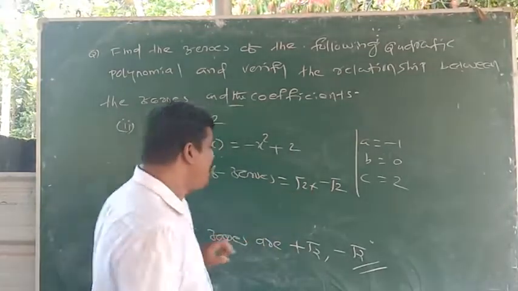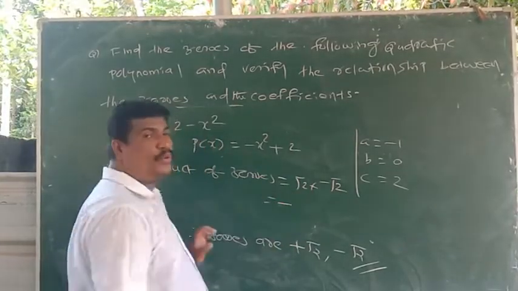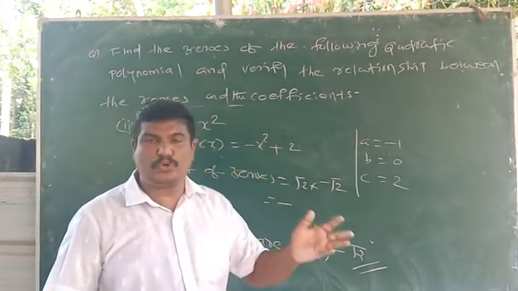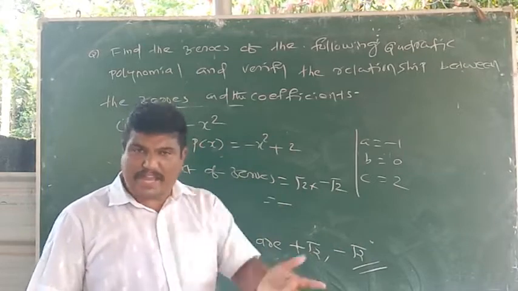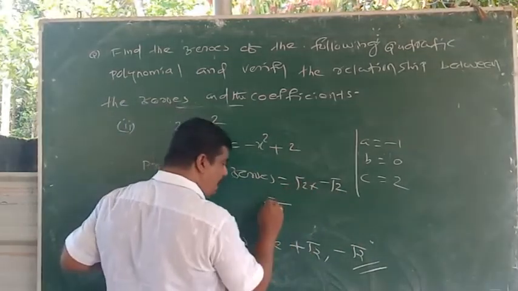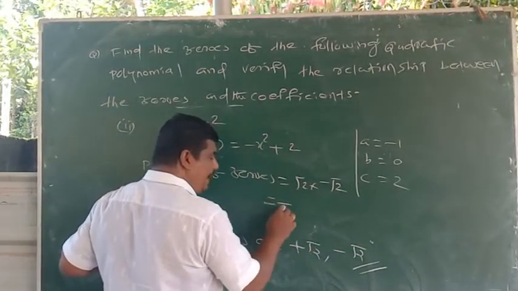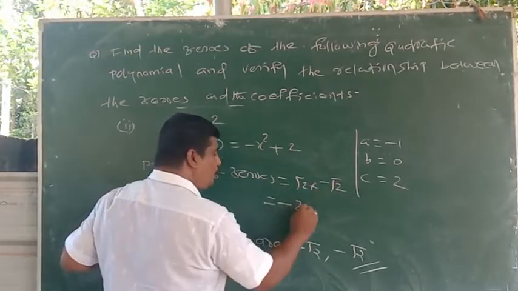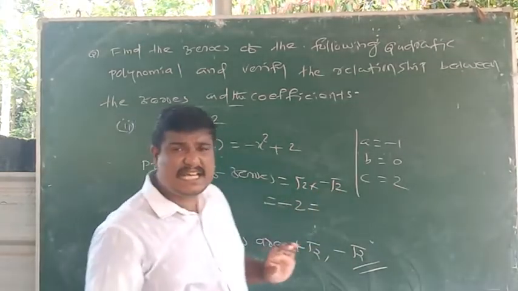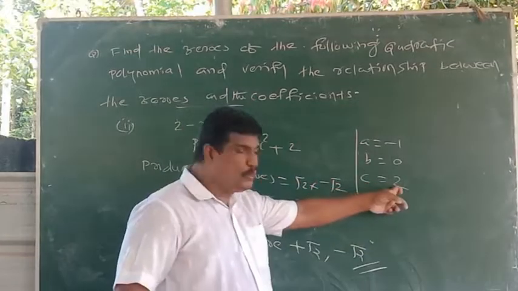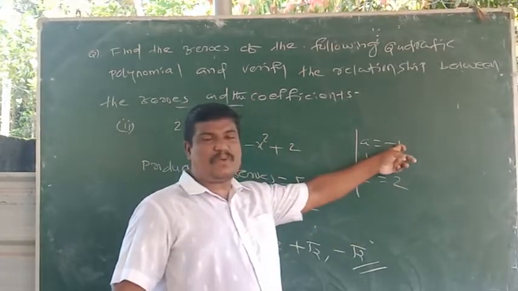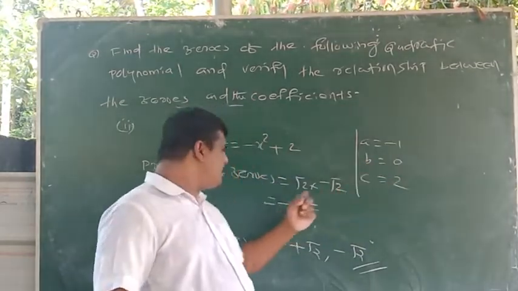Plus into minus is minus, and root 2 into root 2 is 2, so the product is minus 2. Now c by a: c is 2, a is minus 1, so 2 by minus 1 is minus 2.